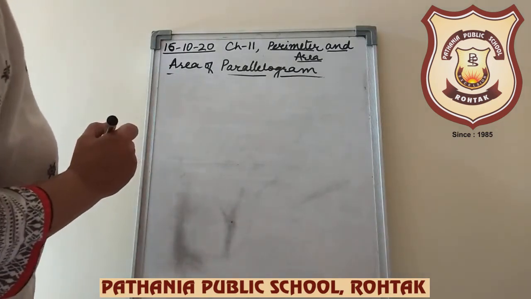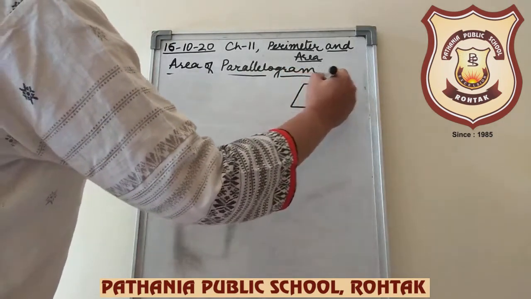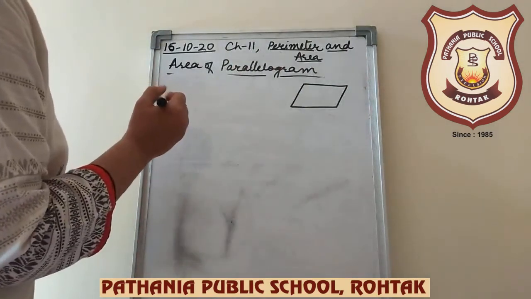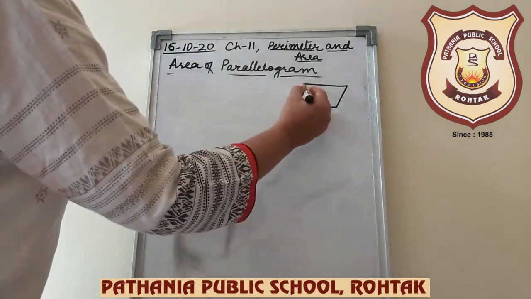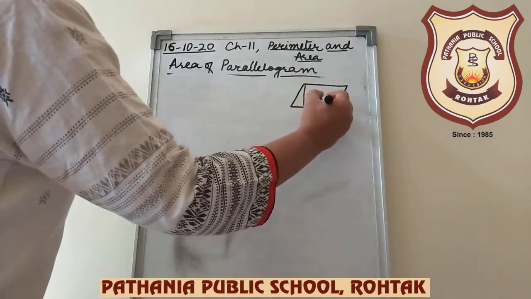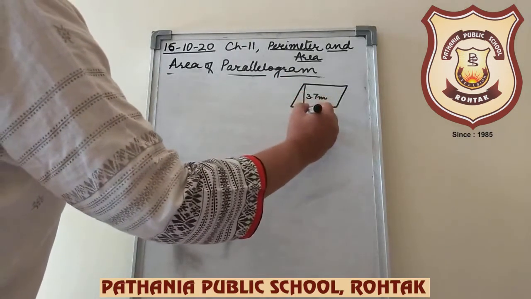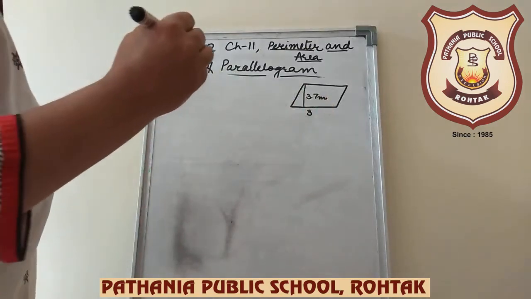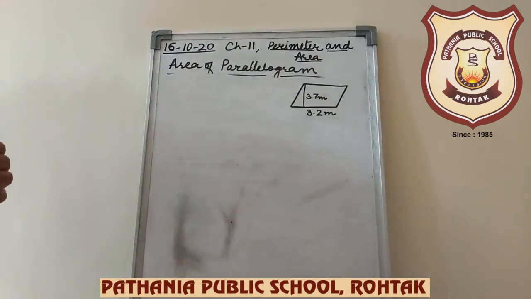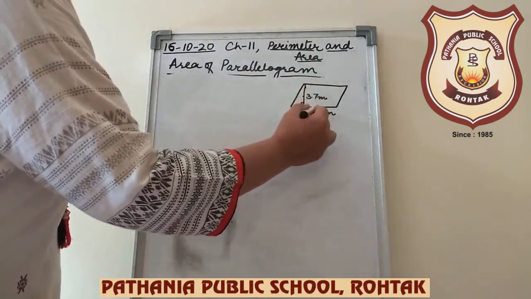Now you have to find the area of a parallelogram. It's better to always draw the figure. The height is 3.7 meter and the side of the parallelogram is 3.2 meter. Now with this height, the base is this one.